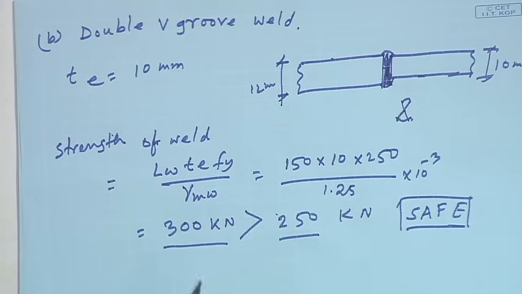So, what we have seen here is that for the same case, if we use a single V butt joint, then the joint is going to fail, and if we use a double V butt joint, the joint is safe. Now, why? Because in case of double V groove weld, the effective throat thickness is becoming 10 mm, the thickness of the thinner plate.